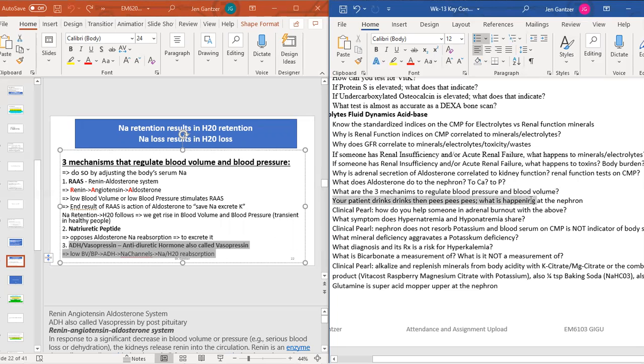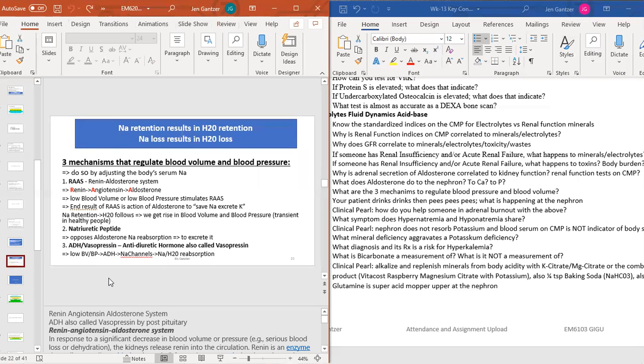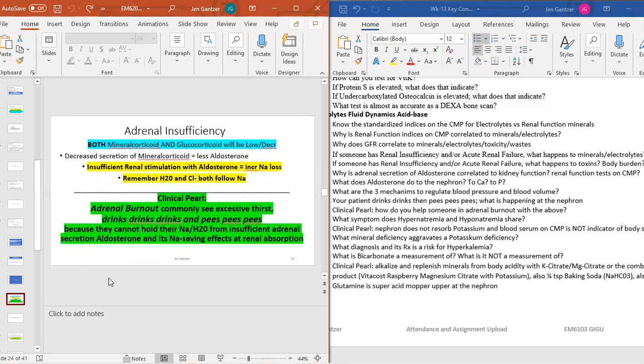So if your patient drinks, and pees, what's happening? And if you ask patients this, you will find out this is actually quite common. A person who is thirsty and cannot drink enough water without immediately urinating it out, that's a functional signal.